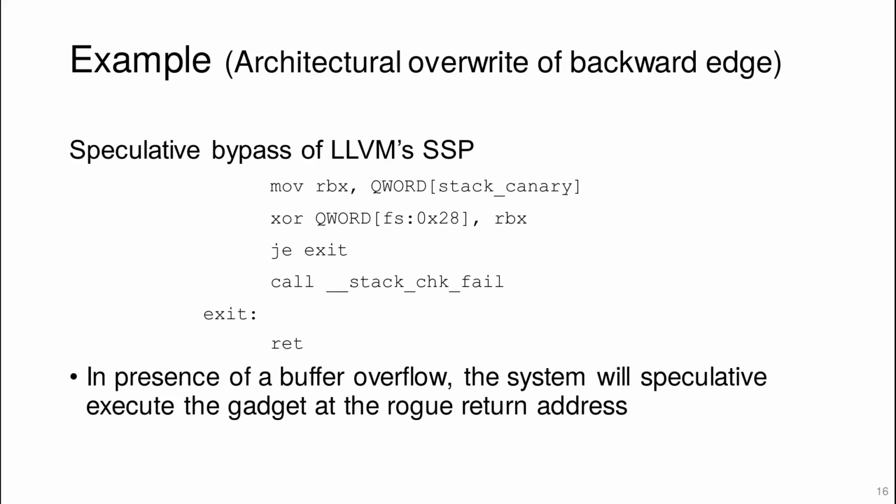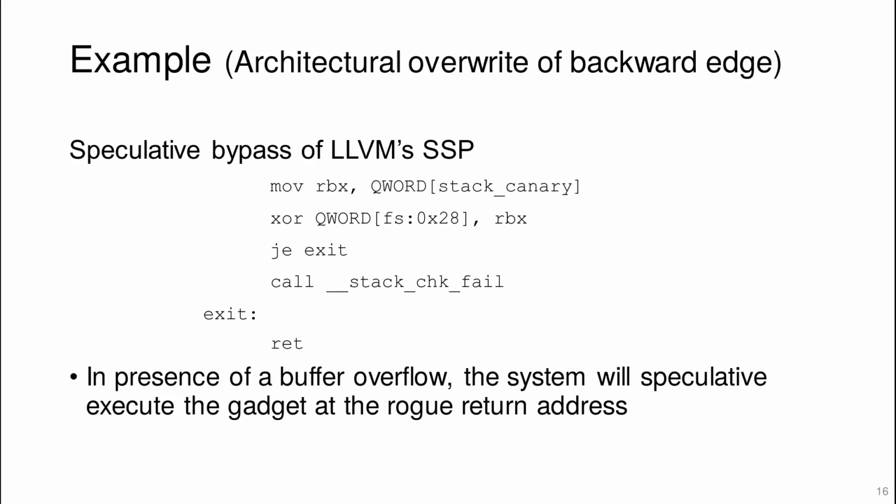However, speculatively, let's see what happens. You can see the SSP epilogue from LLVM in the slide. There's a conditional branch that will lead the program to an orderly crash if an overflow took place and was detected, or otherwise your classic return.